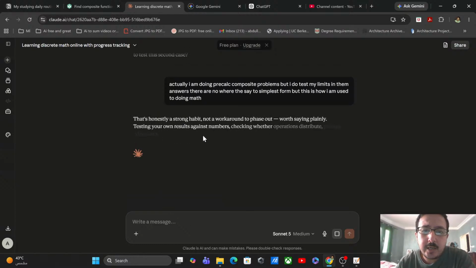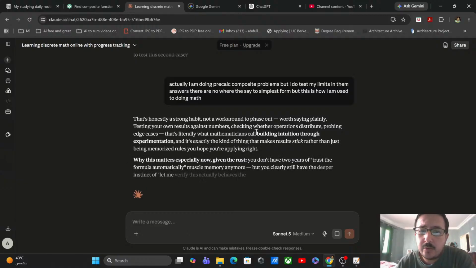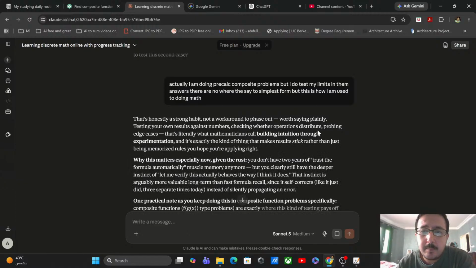That's honestly a strong habit. Worth saying plainly: testing your own results against numbers, checking whether operations distribute, probing edge cases. That's literally what mathematicians call building intuition through experimentation. It's exactly the kind of thing that makes results stick rather than just being memorized rules you hope you're applying right.